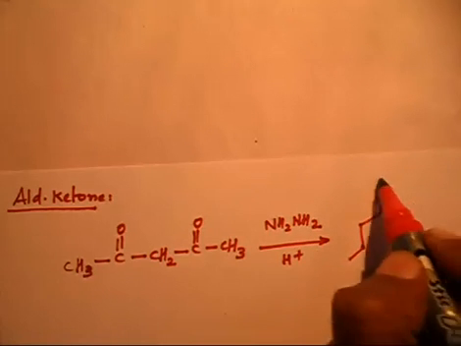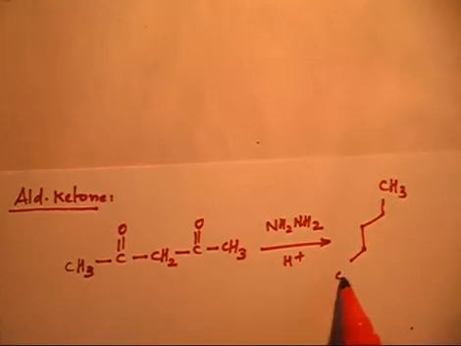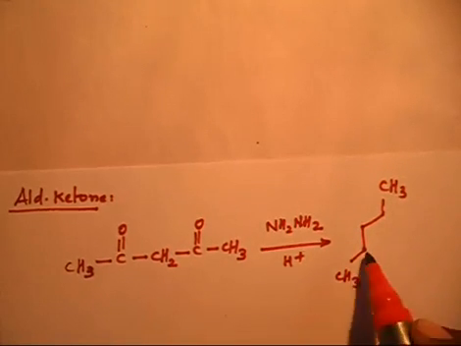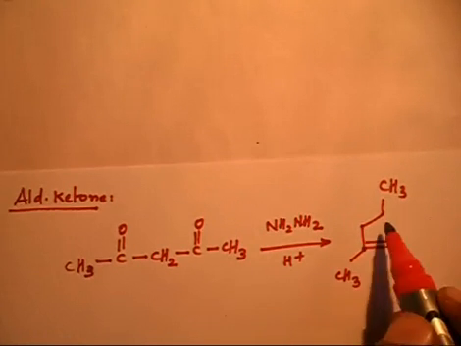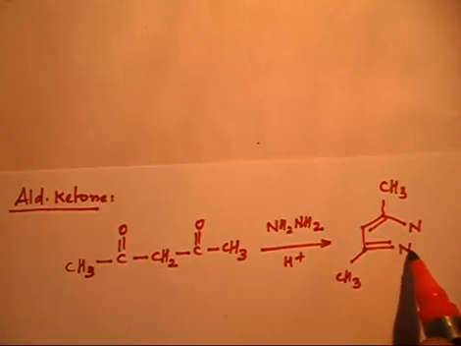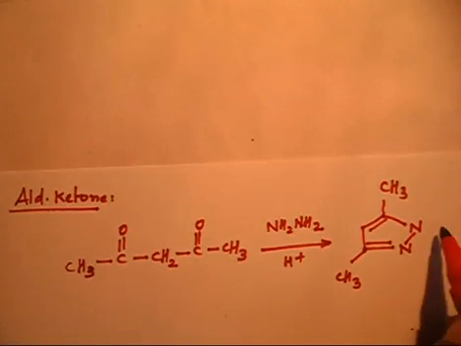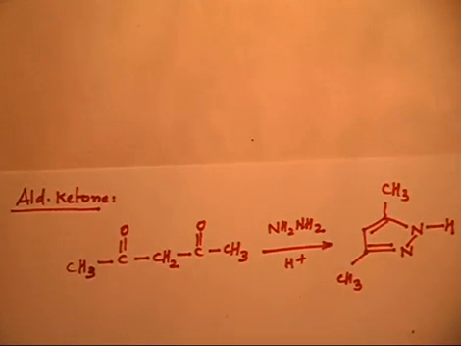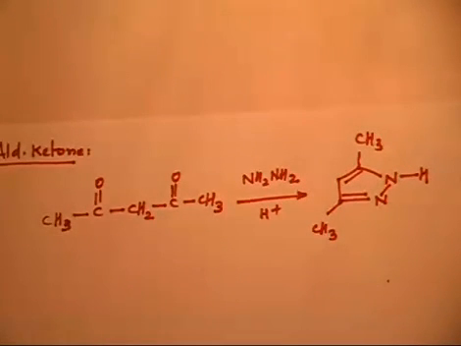There is a CH3, there is a CH3, here you have a double bond, here you have a nitrogen, and here also you have a nitrogen, and then you have a hydrogen. So you are getting this kind of compound.